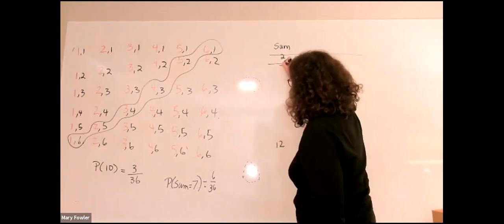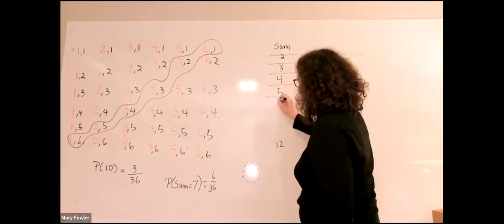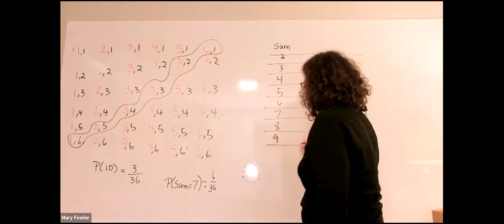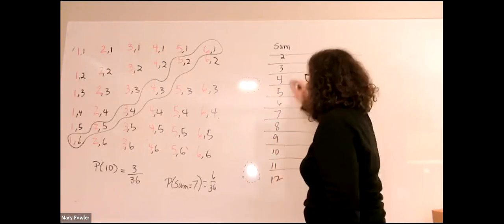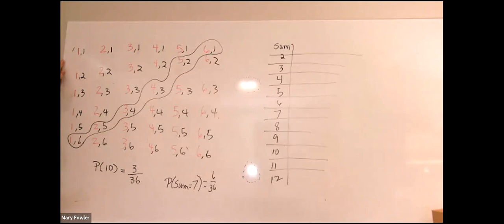So let's go ahead and think about each of those sums. All right. And I'm not going to mark them all up, but you can on your notes if you like.